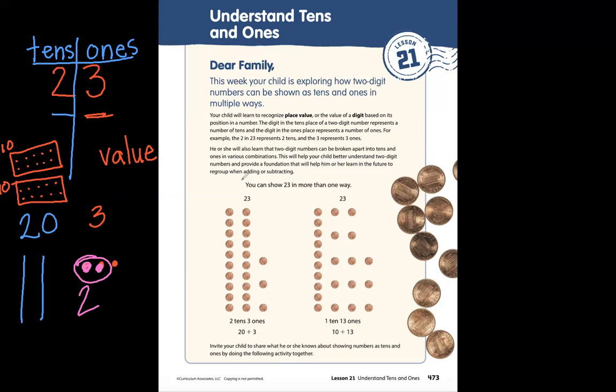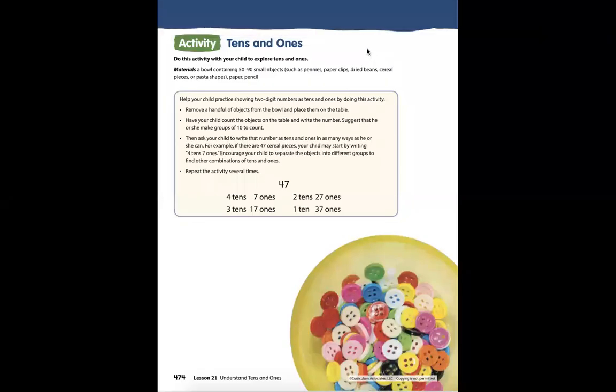We're also learning how to break apart numbers, taking apart those groups of 10 and decomposing them back into ones. So we will continue looking through there. In this activity, this is something that you can do at home with your child.